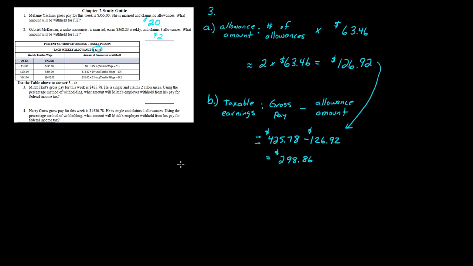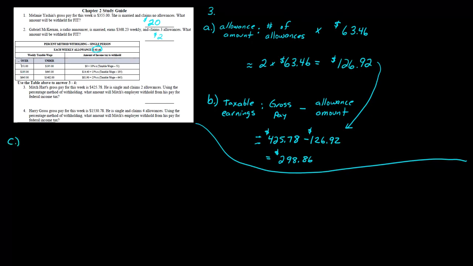For step C, remember, we need to use the table. So I'm going to kind of draw a little line around this so we don't get this kind of running together. And let's look at step C here. So for C, we use the table to find the tax amount. And you'll see that the amount of the income tax withheld is a certain dollar amount plus a percentage amount.